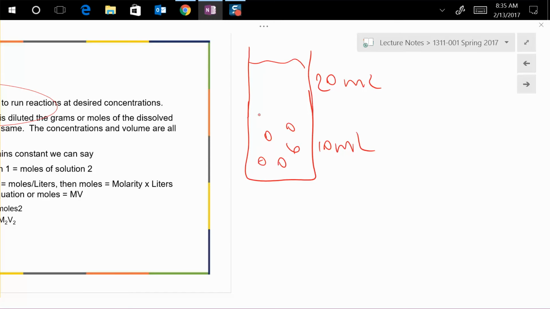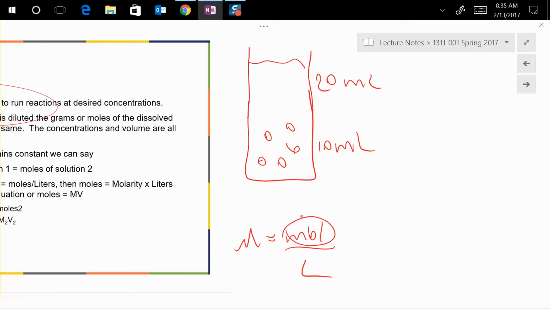And according to this equation, molarity equals moles over liters. Okay? The moles are constant, but did the molarity change as I changed the liters? Yes, the molarity would change, and the volume changed, right? So these two things changed, but this stayed the same.